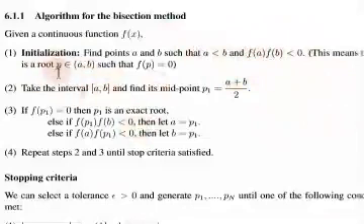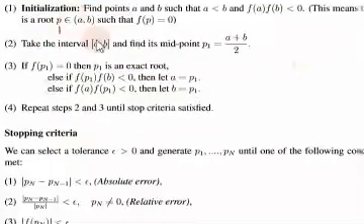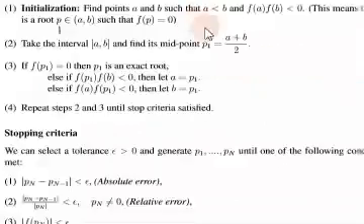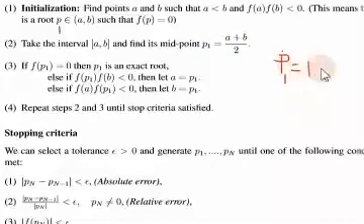Let's denote P sub 1, the first root, because we iterate this. So P sub 1 is a root in between A and B, and we take the midpoint of that. The midpoint of 1 and 2 is (1 plus 2) divided by 2, which is 1.5. So P sub 1 is our first midpoint, 1.5.